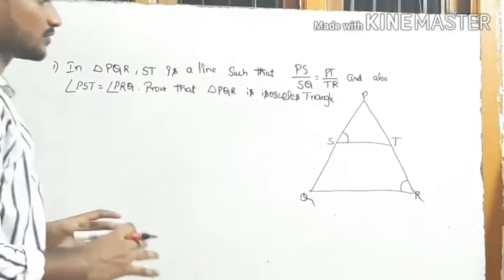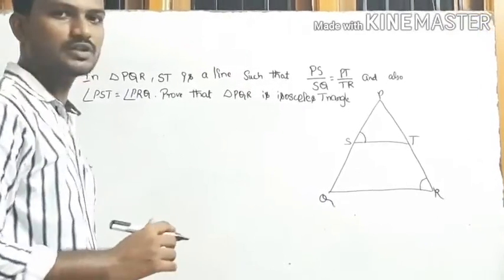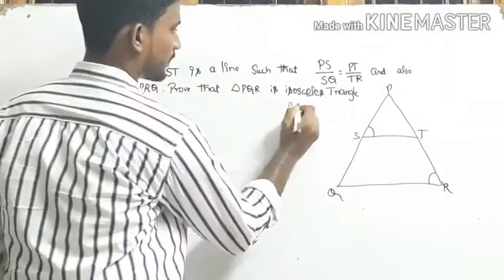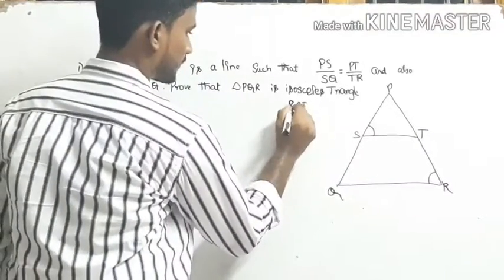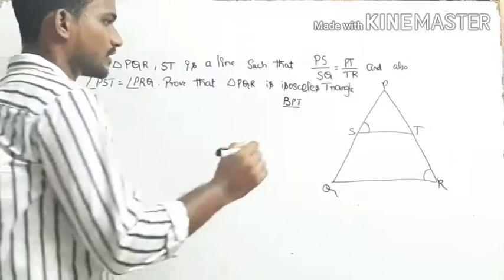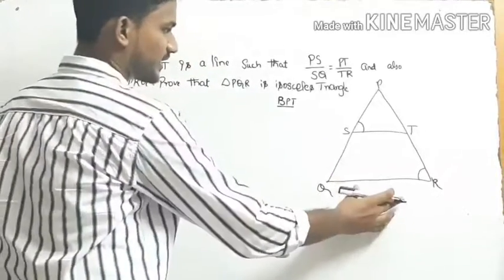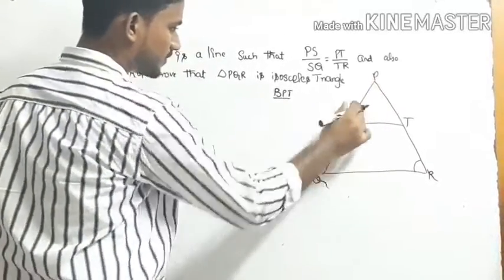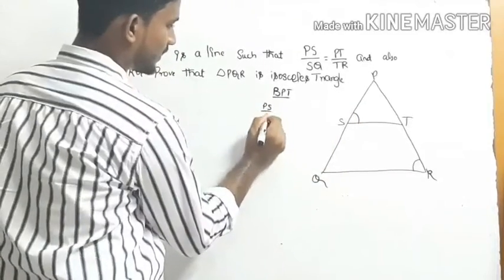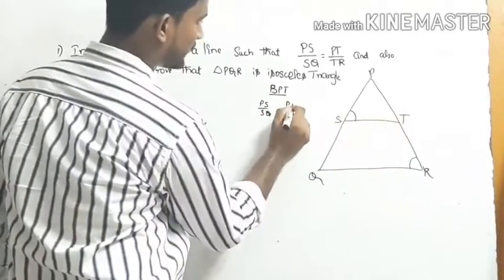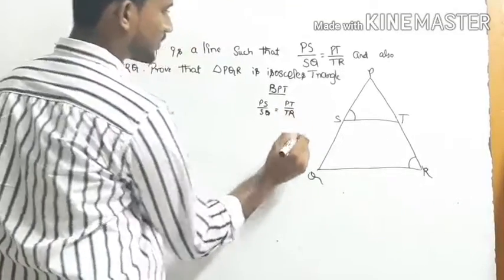First, to do this problem, you know the basic proportionality theorem, that is BPT. It is also known as Thales theorem. In this theorem, in a triangle, PS by SQ equals PT by TR.